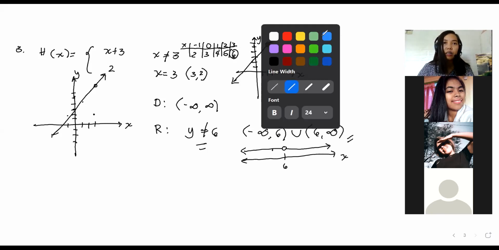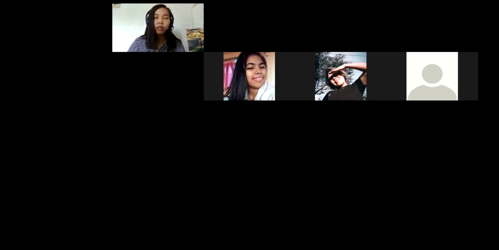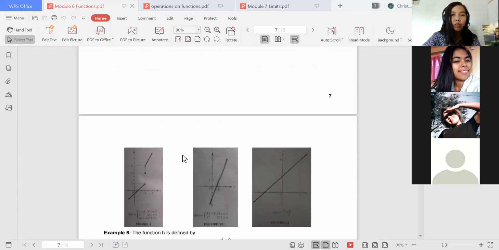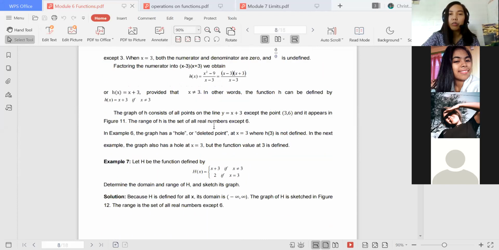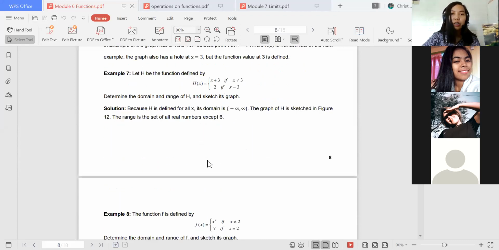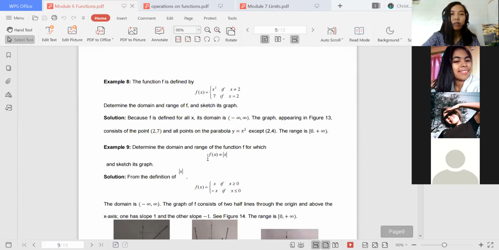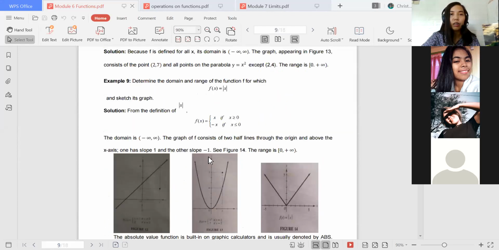Next is, so nandito naman yan class, yung graph, okay, yung domain and range. Yan siya. Okay.